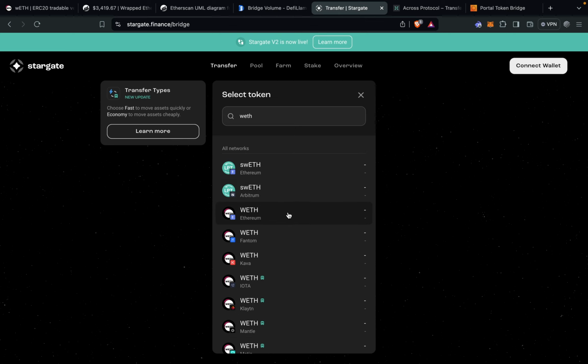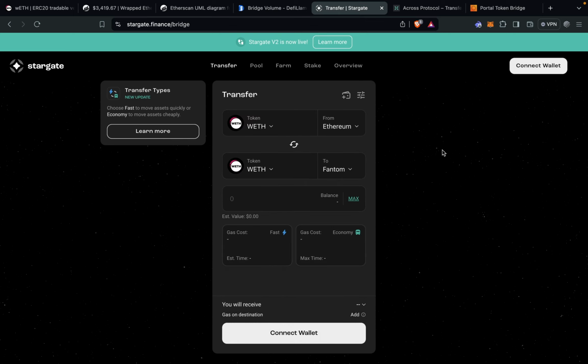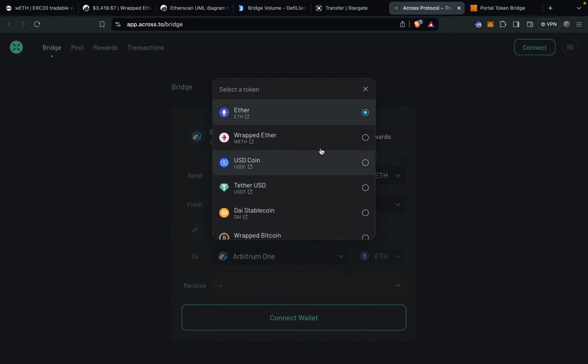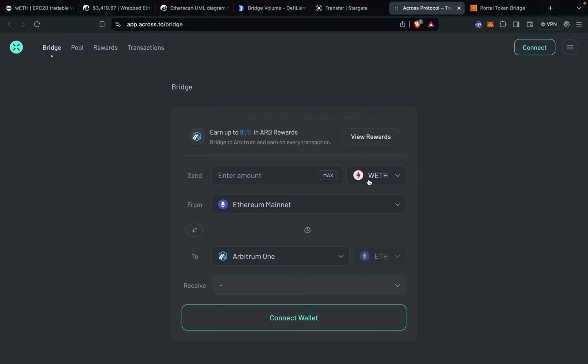So you can select the wrapped Ether on Ethereum and you can bridge it to another network like Fantom, and you can basically transfer your wrapped Ether from Ethereum to Fantom network. Similarly, you have Across protocol where you can select your asset, that is wrapped Ether.